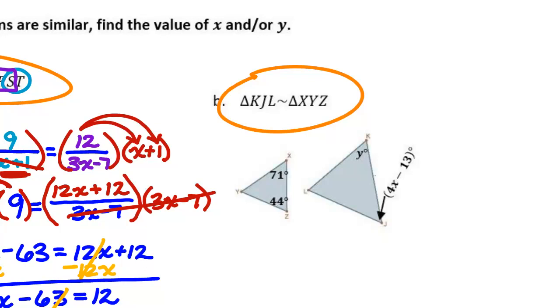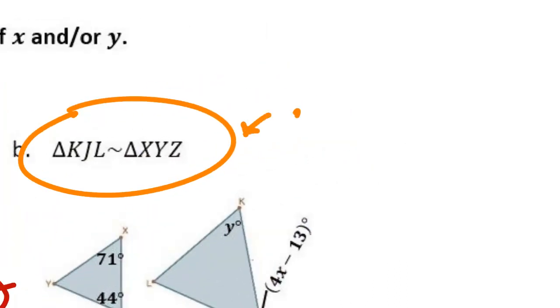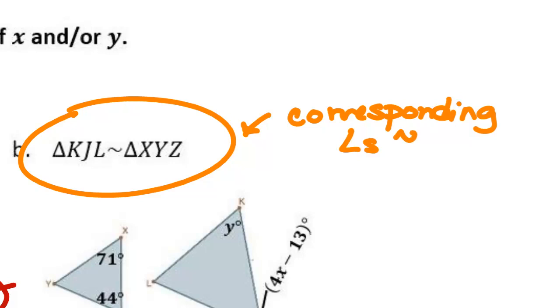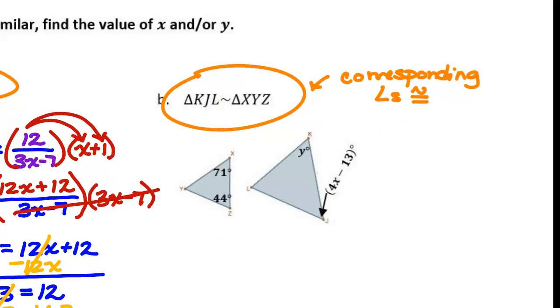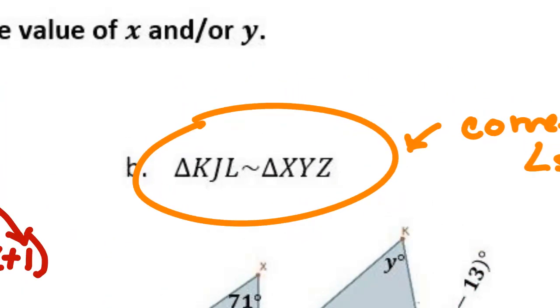The angles. What's true about the angles between similar triangles? Same, they're congruent. The corresponding angles are congruent.